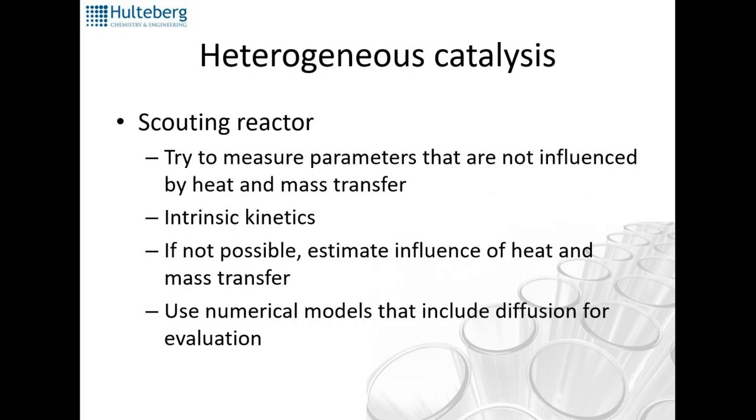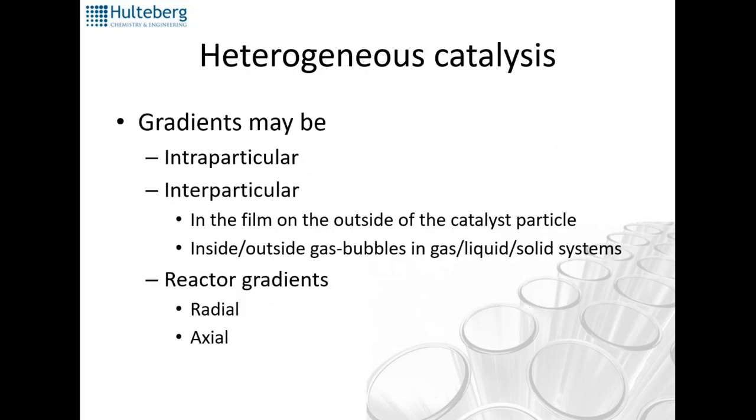And we try to measure parameters that are not influenced by heat and mass transfer. We try to measure the intrinsic kinetics, but if that's not possible, we estimate the influence of heat and mass transfer using numerical methods. And in the catalyst testing webinar, we will be talking much more about this. These gradients are intraparticular, interparticular, or reactor specific.